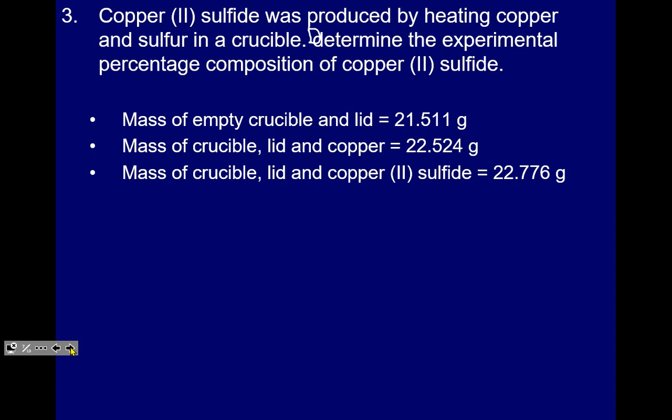Just like before, I'm going to have a percentage copper, which will be the mass of the copper over the mass total times 100, and a percentage sulfur, which is the mass of the sulfur over the mass of the total. And now the trick to this is, how do we get all these masses from those numbers?